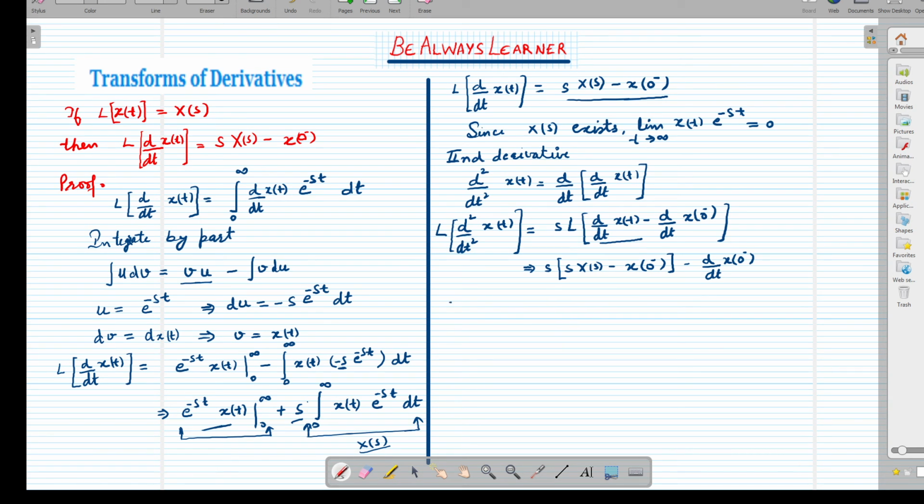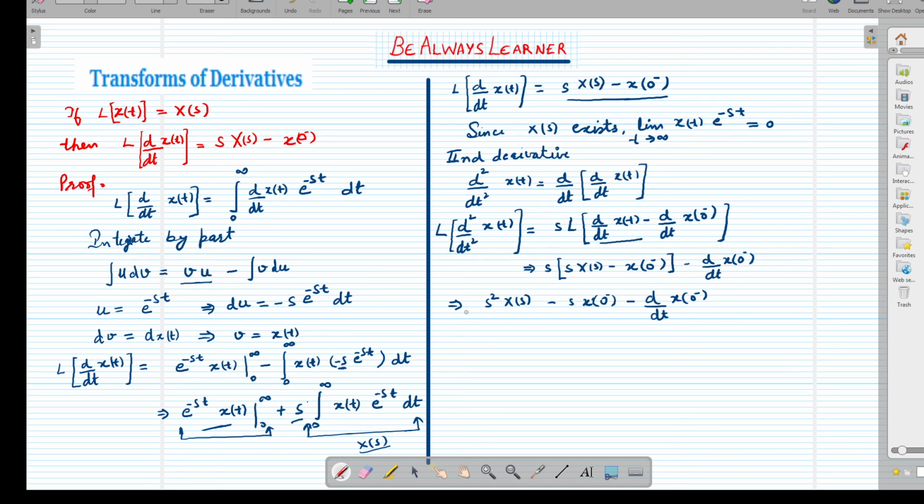Now here we can further elaborate it like s square X(s) minus s x(0 negative) minus d by dt of x(0).